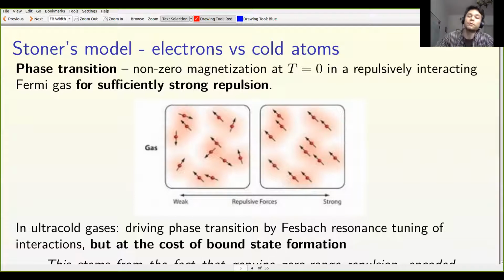If you have Feshbach resonance tuning in the system, as I cited here in the experimental paper, there has to be an underlying bound state in your interparticle interaction. So what you can expect is that spin ups and spin downs will form pairs bound by these interactions.